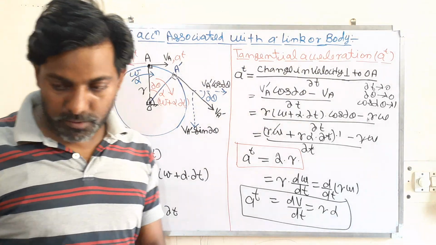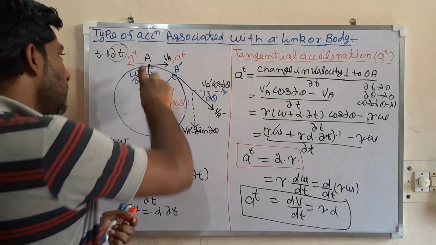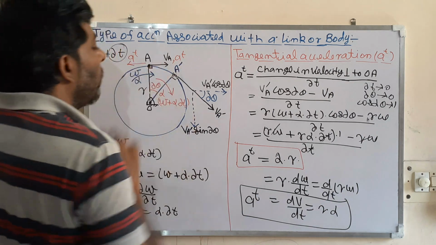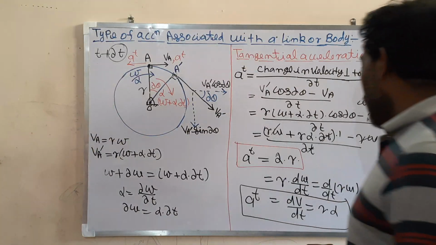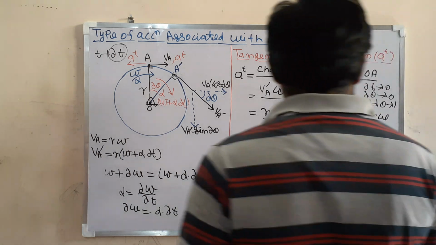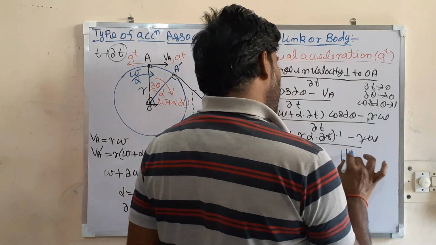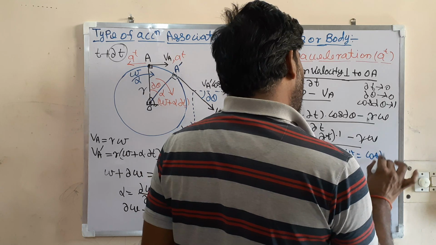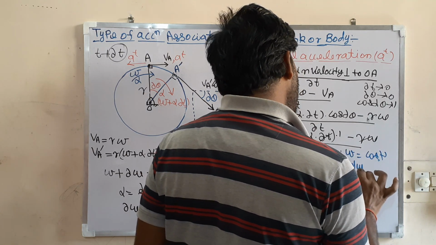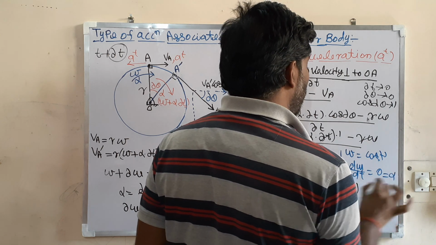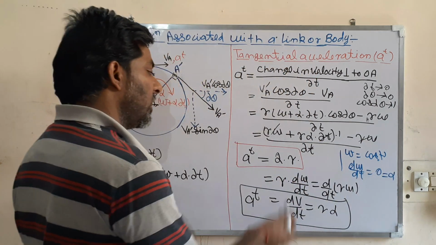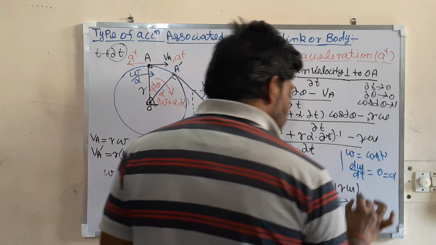Okay, very clear. Now, suppose that the link is moving with a constant angular velocity omega. If the link moves with a constant angular velocity omega, then look here, omega is a constant. Then d omega upon dt, its differentiation, will be 0, which is alpha. That is, angular acceleration alpha will be 0.